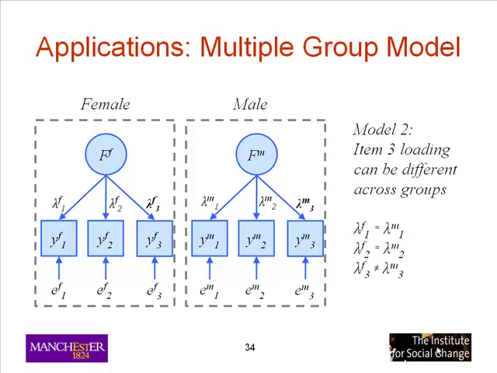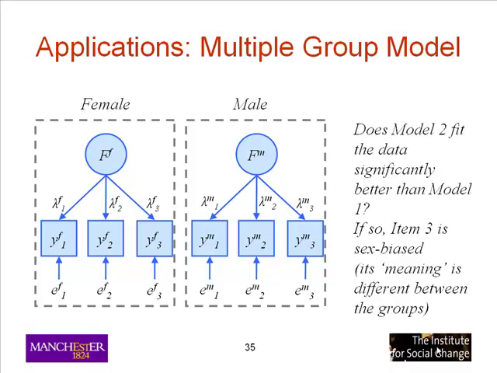Then I go along and fit a second model, and I say, make this model very similar to the previous one, but free this loading here so that it's allowed to be unequal in the 2 groups. And so it can estimate itself to be quite different in the 2 groups if we want it to. And then I just compare the model fit of these two models.